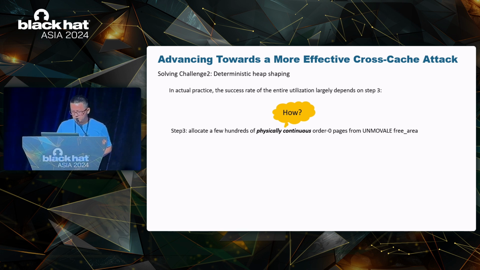In actual practice, the success rate of the entire exploitation largely depends on step 3. And there is a really important problem we haven't solved: how to allocate hundreds of physically continuous order 0 pages from unmovable free area.